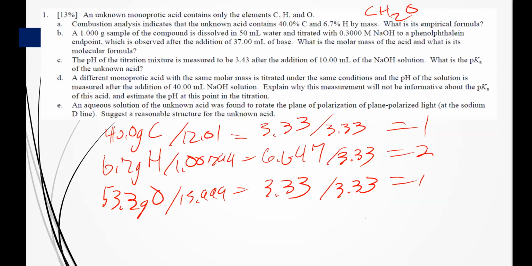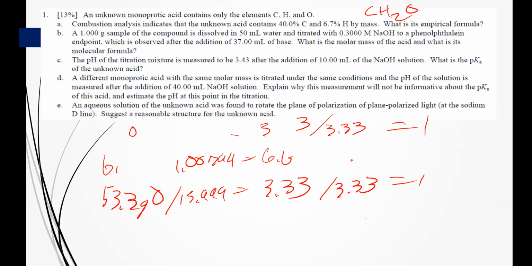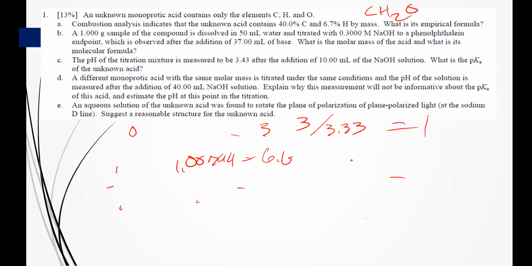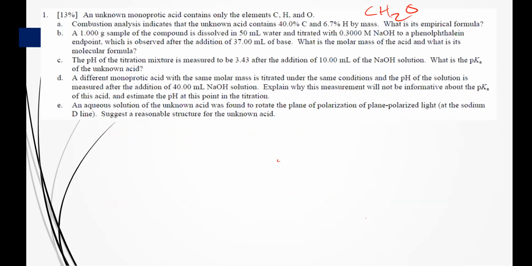Now, from there, we're doing a titration. With that titration, it says that 1 gram is dissolved and titrated with 0.300 molarity NaOH, and we want to find its molar mass. From here, we have 30.00 milliliters of 0.300 mole per liter NaOH.